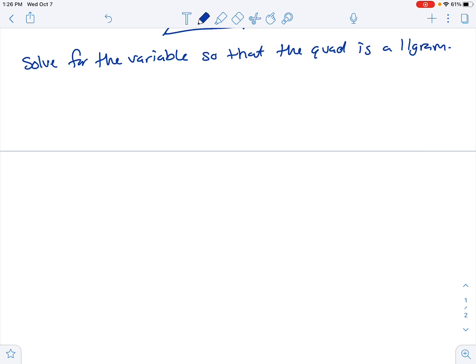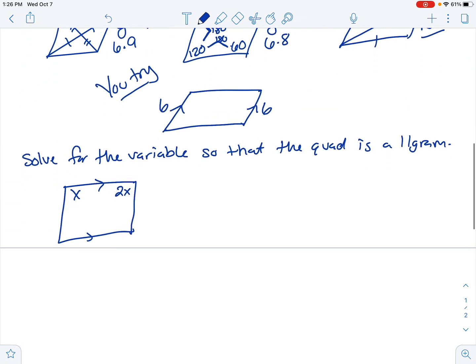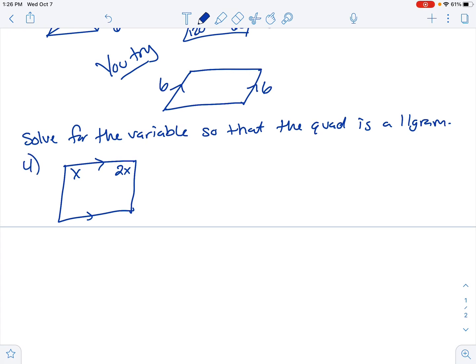Instead of saying this is a parallelogram, solve for x, now we're saying solve for x to make this a parallelogram. Very similar process. The first one that we're doing will look like this. What number is this? 4?